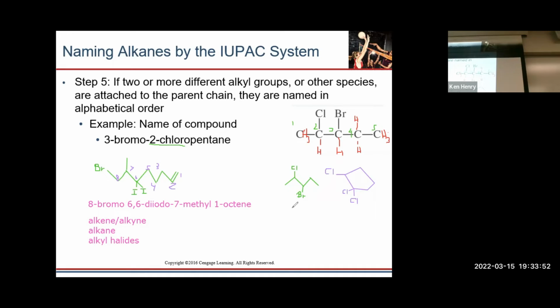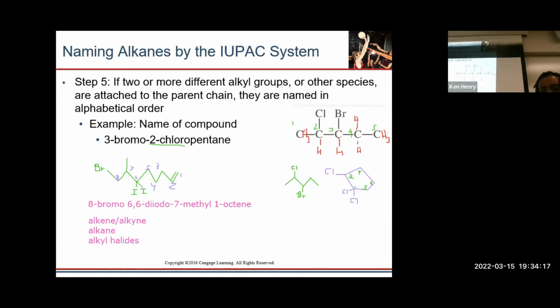That's right. So the one that has the most, we're going to try to kill as many birds with one stone as we can, right? Give it the lowest number possible. So we're going to start counting from here. Okay, so that's 1, that's 2, that's 3, that's 4, and that's 5.